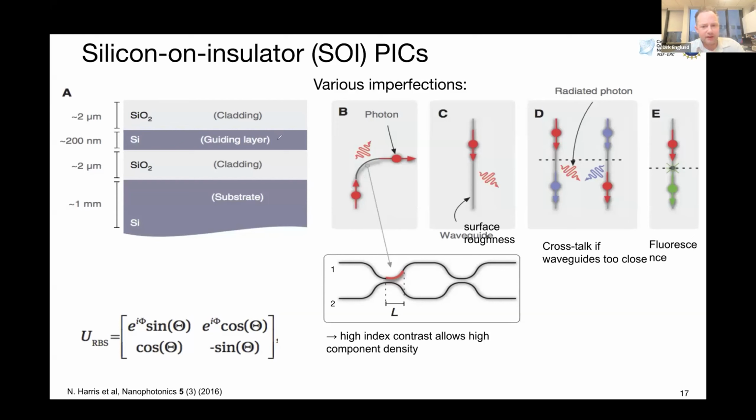The answer is, if you have an incident field here, which again we can describe by this operator of our electric field, and you want to know the outgoing field here, you can describe the propagation through the waveguide as an optical channel where losses are modeled by partial coupling to an environment of optical modes.